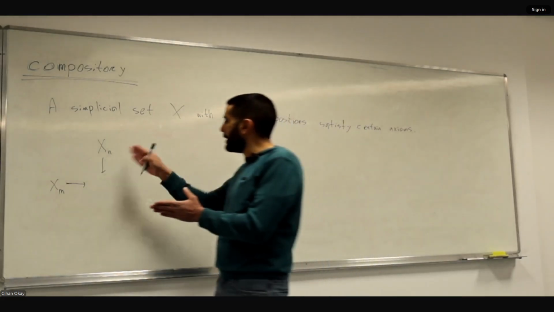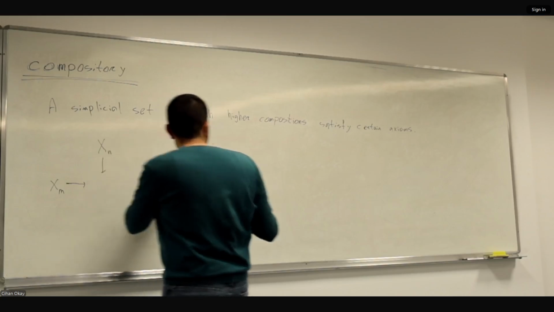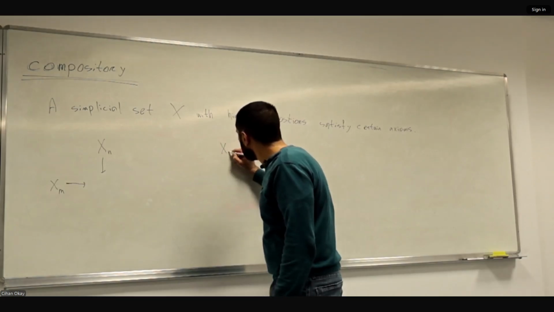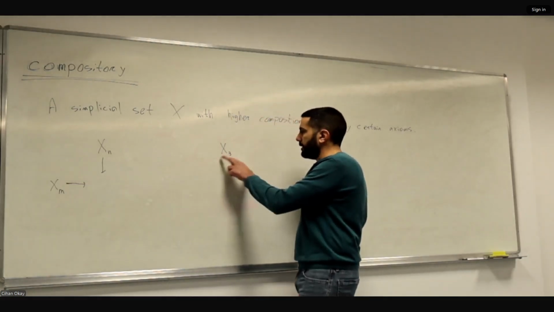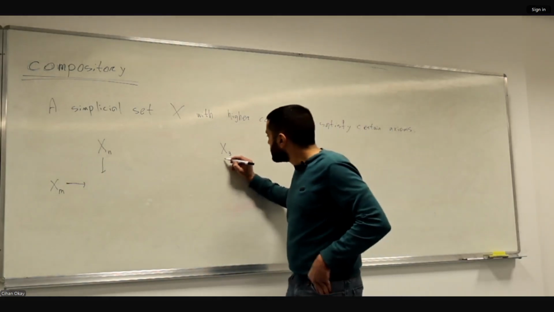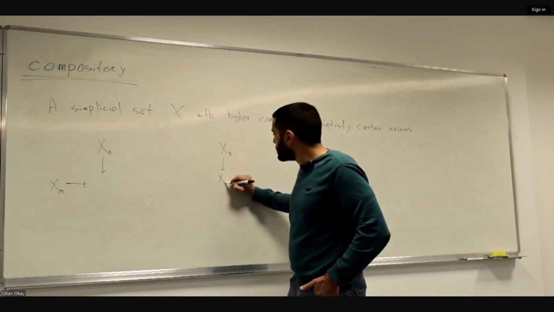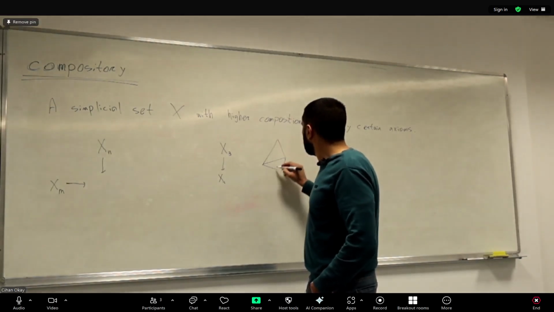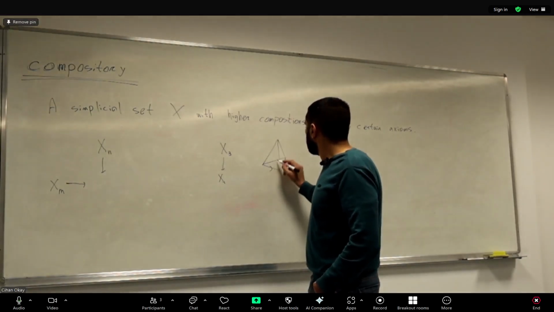We can go to the end. Let me give you an example, it will be better. For example, in X3, we can think of every element as a pyramid. Then we go, for example, to X1, to the end. I have a pyramid here, and this is the end.